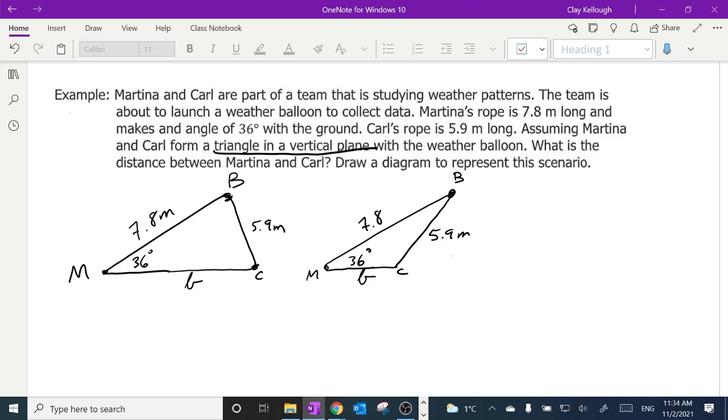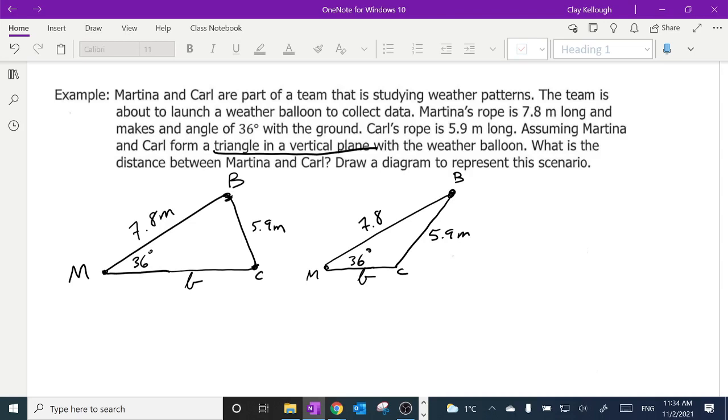I guess it is possible that there are two answers, because the problem gives us two triangles: we don't know if they're on the same side of the balloon or opposite sides.